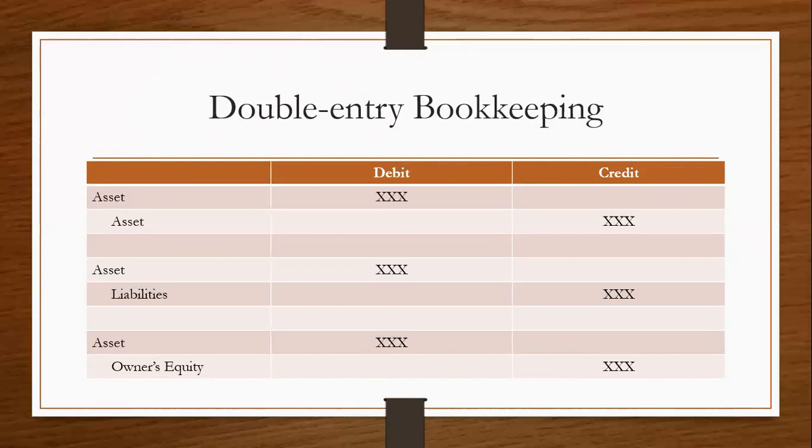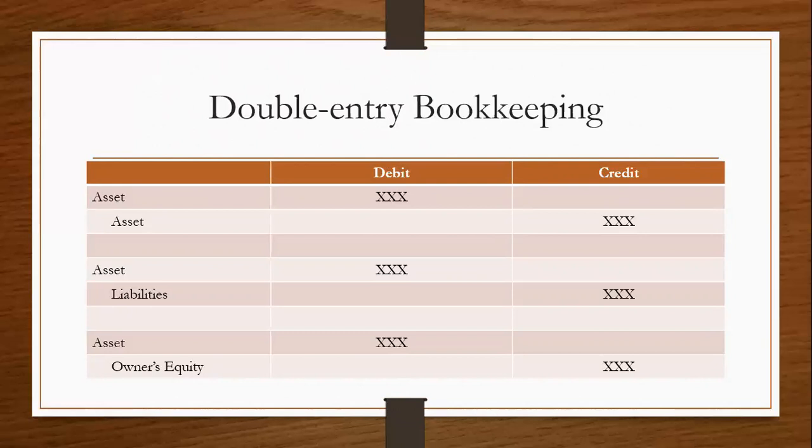Once I debit an asset, there should be a credit to another asset, or to liabilities, or to owner's equity. So what would be the possible transactions for this illustration? I debit an asset and I credit another asset.